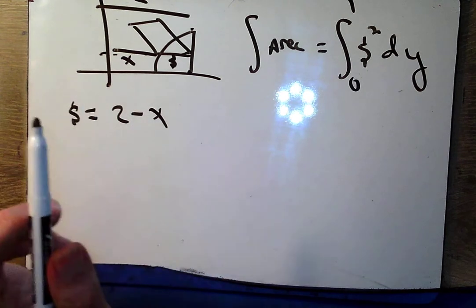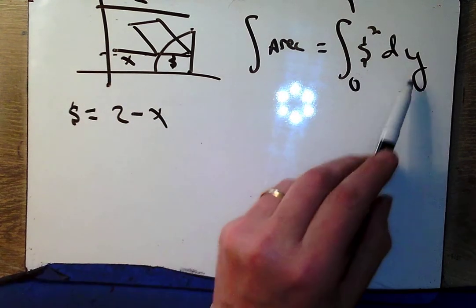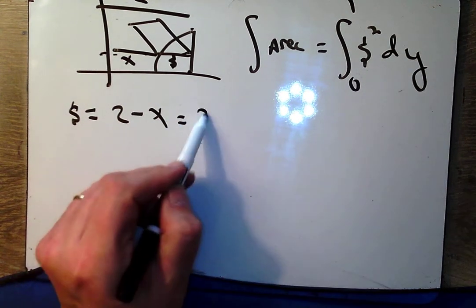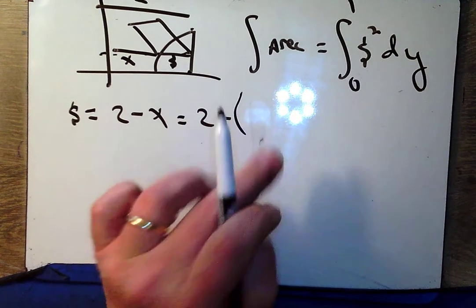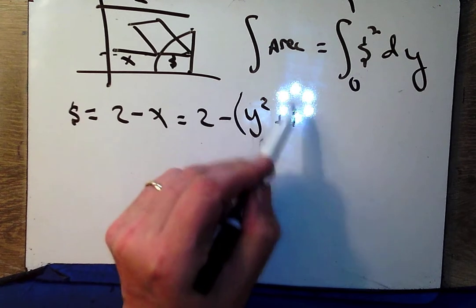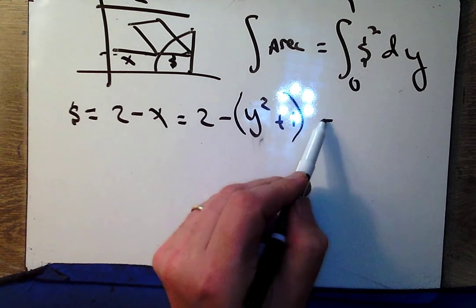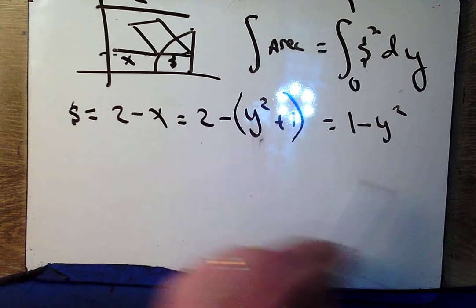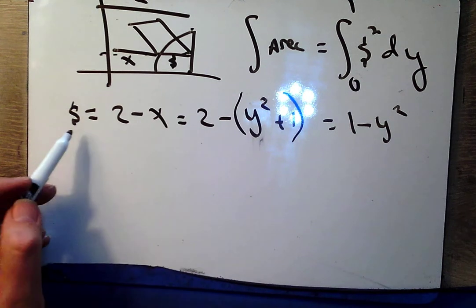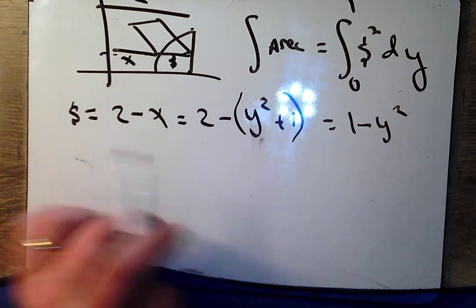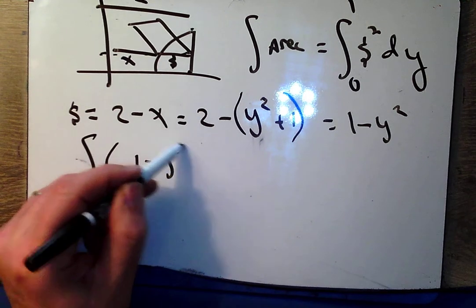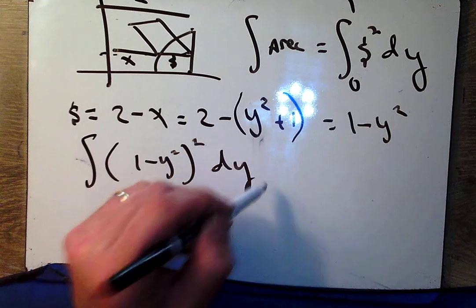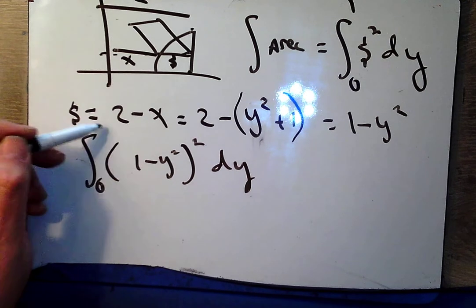However, we have a dy integral. So 2 minus, and what was x equal to? X was equal to y squared plus 1. So I'm going to end up with 1 minus y squared as s. And we want to integrate s squared, so 1 minus y squared, squared, dy from 0 to 1.